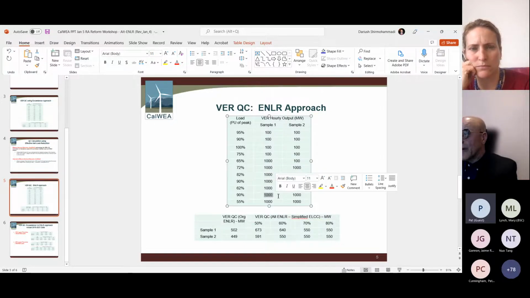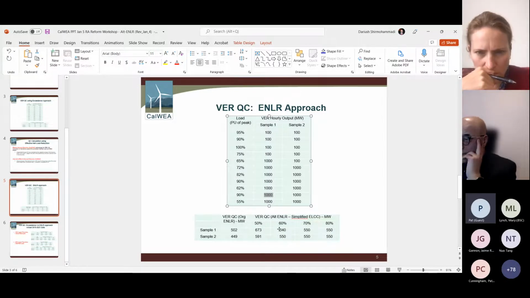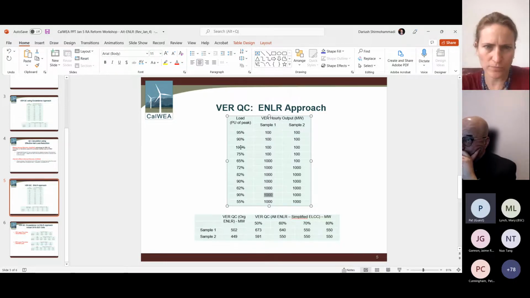So I have 5 samples to pick from, and I just average those samples. And if I go, say, for sample 2, if I'm looking at 60%, I look at every hour where the load was more than 60%. So most of them except these 2 will count. Actually, except for this one. This is the only sample that I won't pick.